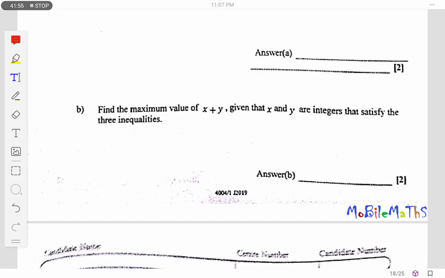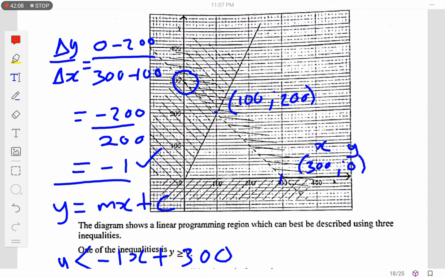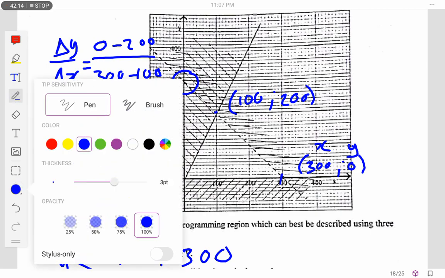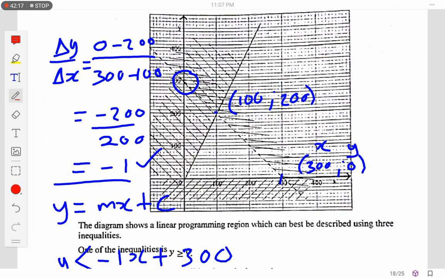Then the last part of the question is asking us to find the maximum value of x plus y. Okay, maximum value of x plus y. So we've got this corner here. Let me see the corners that we have here. We've got 0, 0 there.